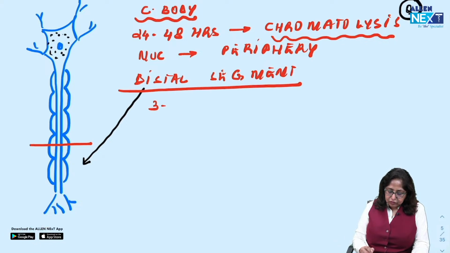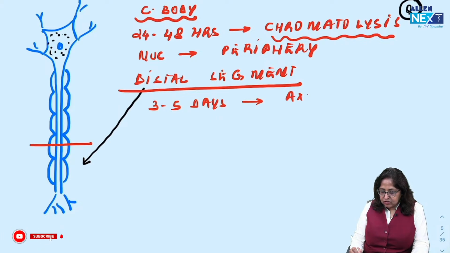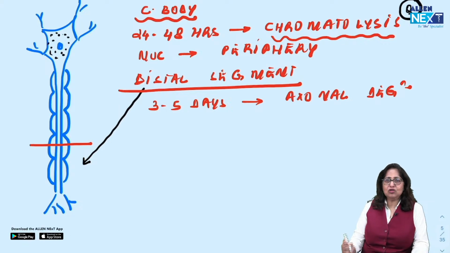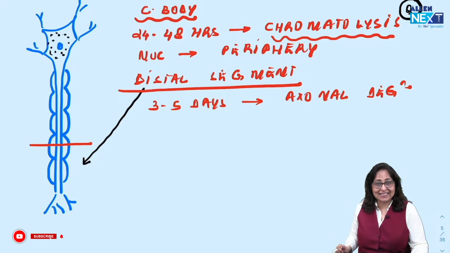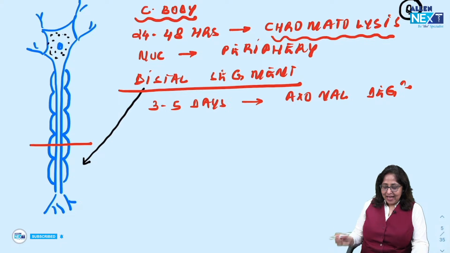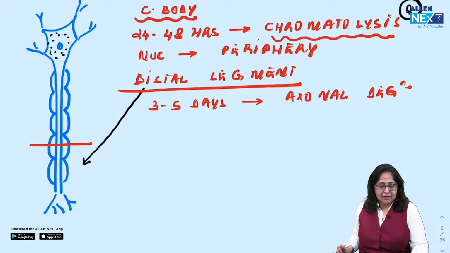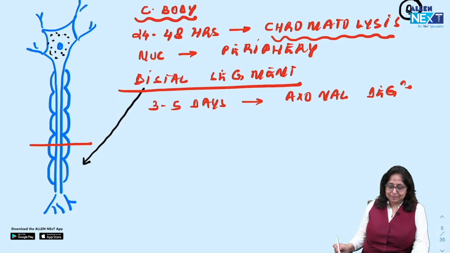Within the first 3 to 5 days, you have axonal degeneration. The axon will swell up, it will start breaking down into smaller rodlets, they are called, right? So axonal degeneration will occur in the first 3 to 5 days.